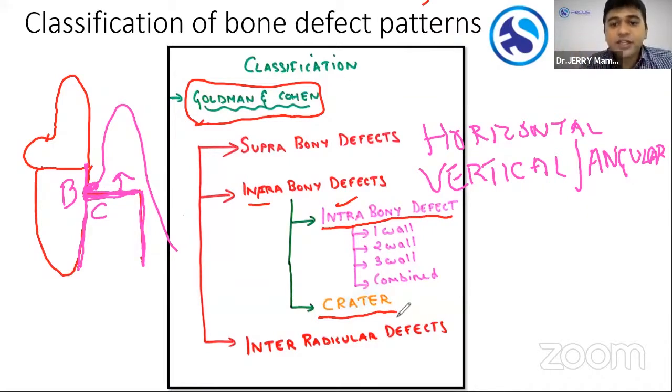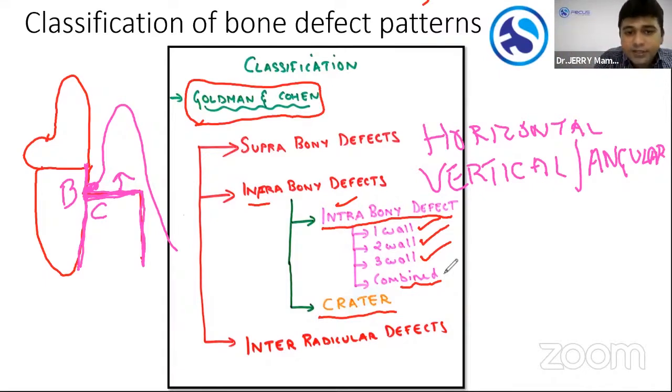This intra-bony defect is further subdivided into one-wall defect, two-wall defect, three-wall defect, and sometimes you can see something known as a combined defect. So you have supra-bony defect and infra-bony defects, and infra-bony defects are further subdivided into intra-bony defects and crater.